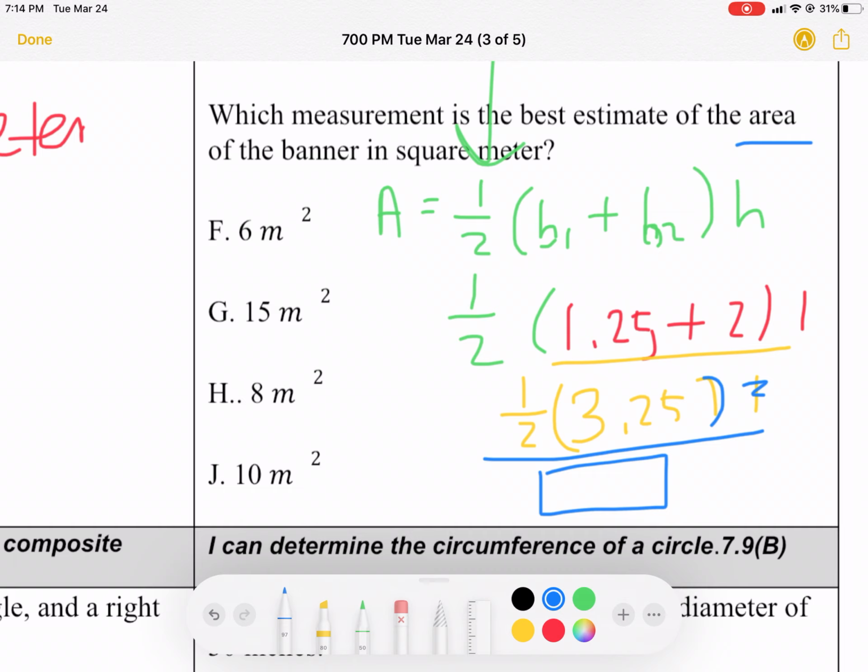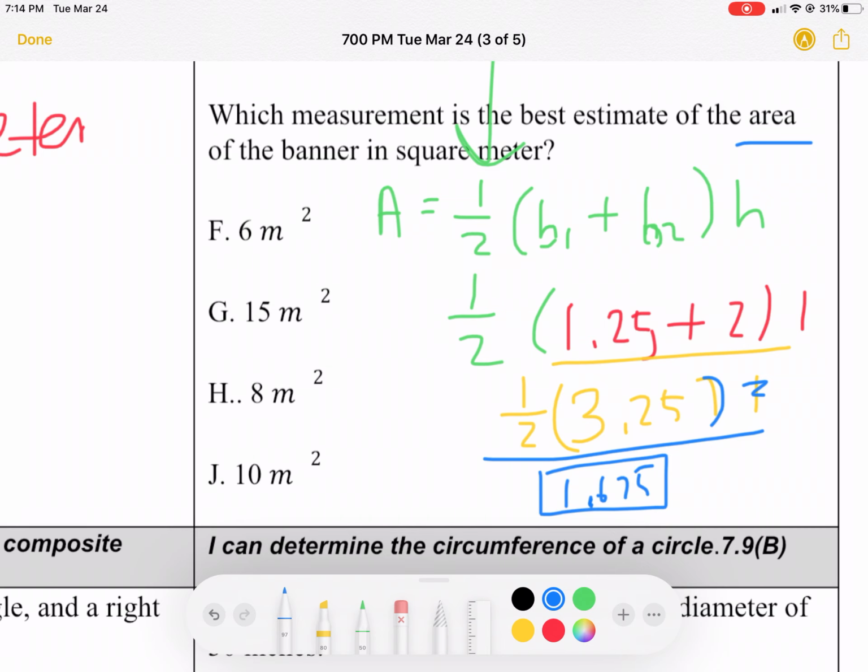Let me actually do the work for you this time. 3.25 divided by 2 is 1.625.